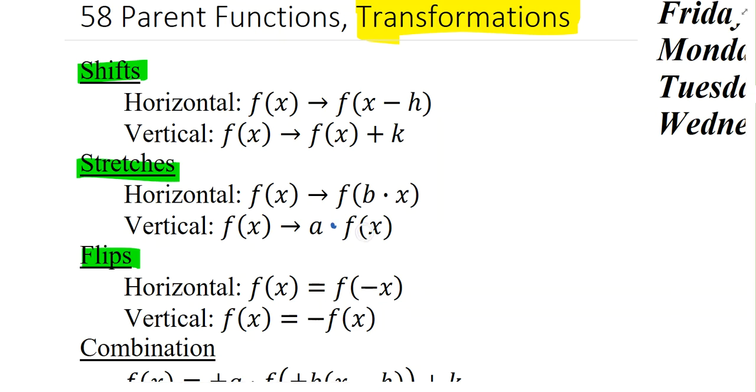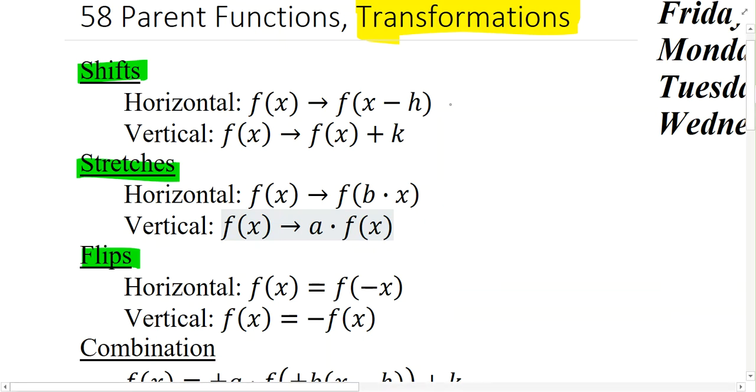Lastly, a flip will occur when not only are you multiplying by a number, but it happens to be a negative number. So horizontal flips occur when you multiply by a negative number on the interior of a grouping symbol, and a vertical flip will occur when you multiply by a negative number on the exterior of our grouping symbol.